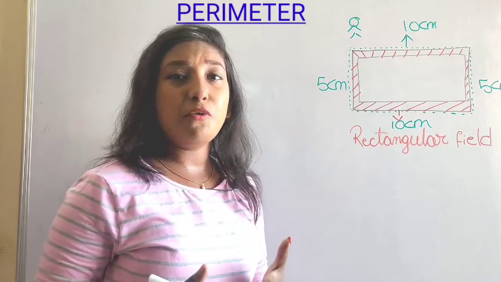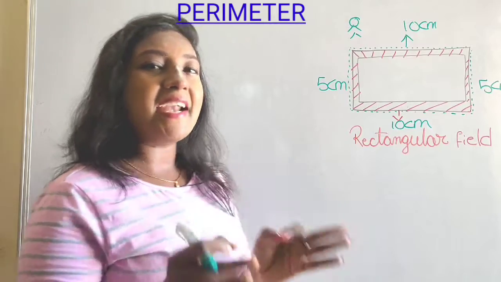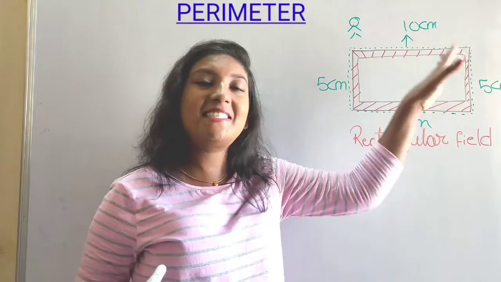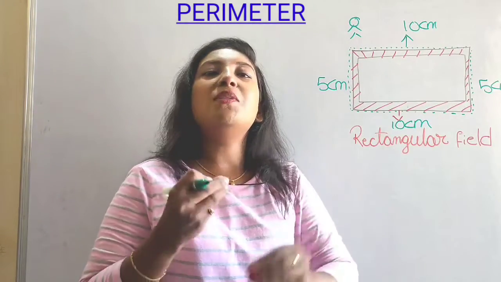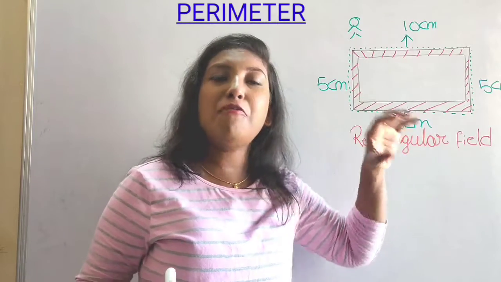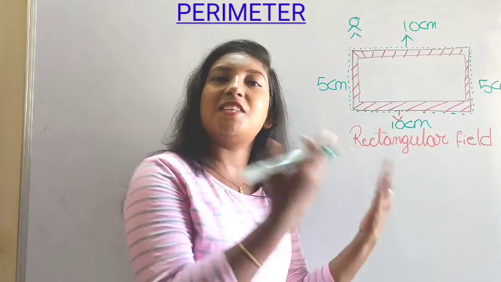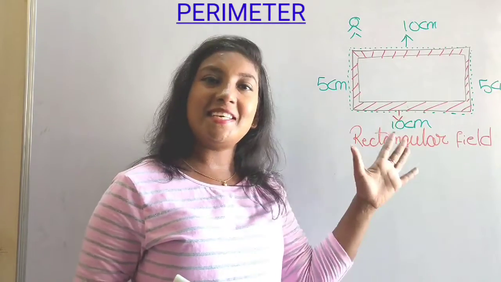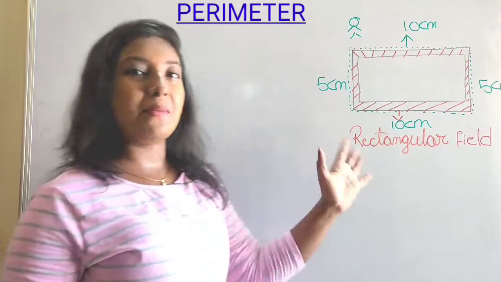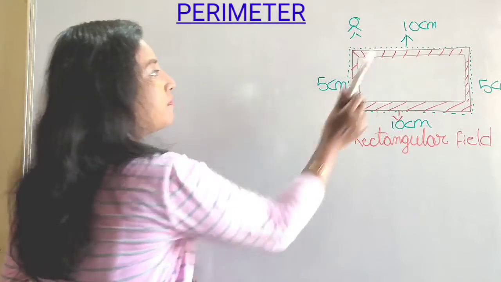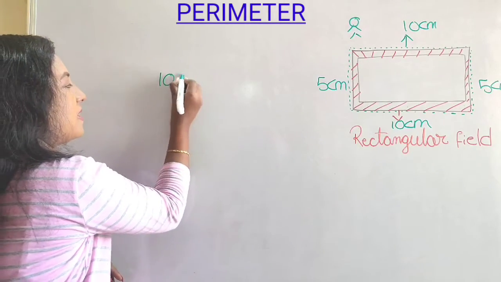Now, what we are going to do is just add up all the side lengths, and whatever you find is nothing but the perimeter of this rectangular field. Let's see how we are going to find this perimeter. What is the length of the first side? That is 10 centimeters.